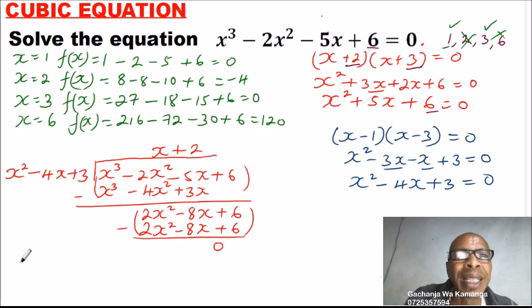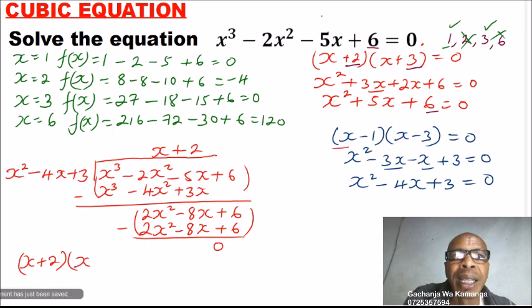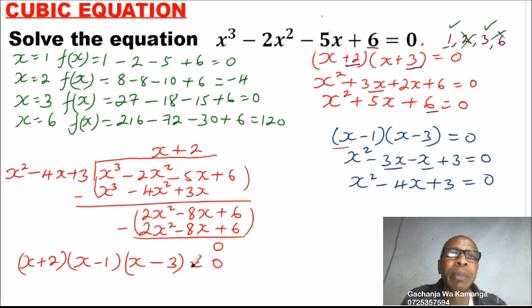So we can say x plus 2, x minus 1 and x minus 3 are the factors of our cubic function. Equating to 0, when you expand this you should be able to get the equation there.